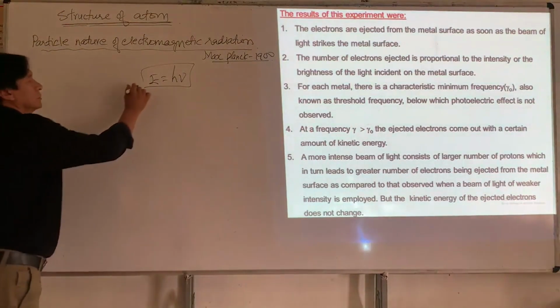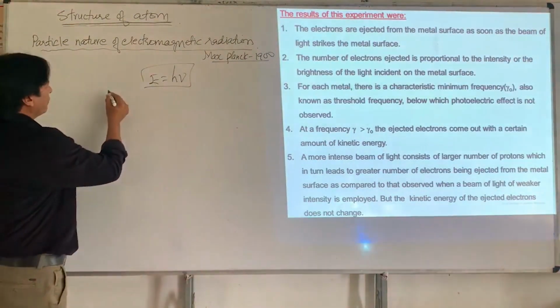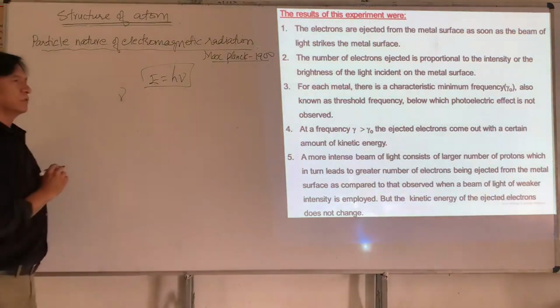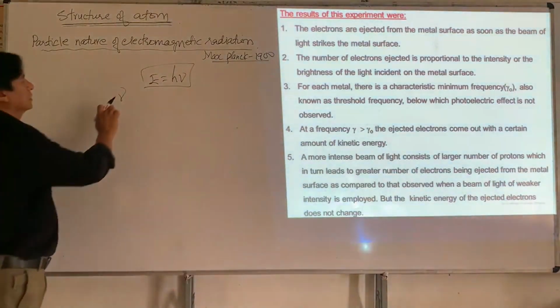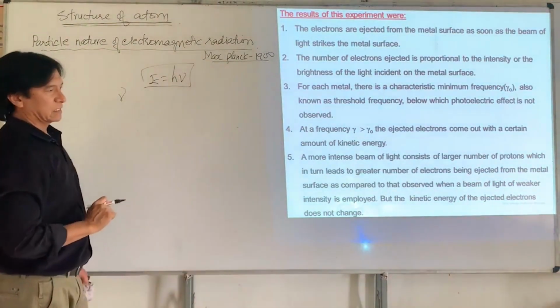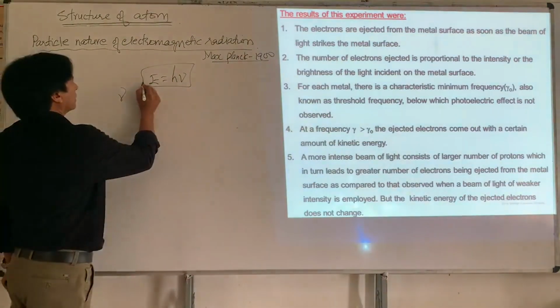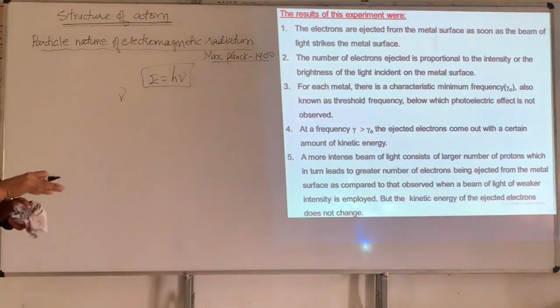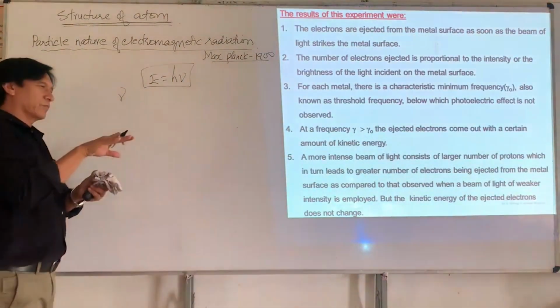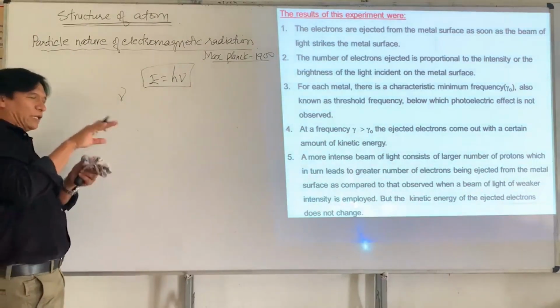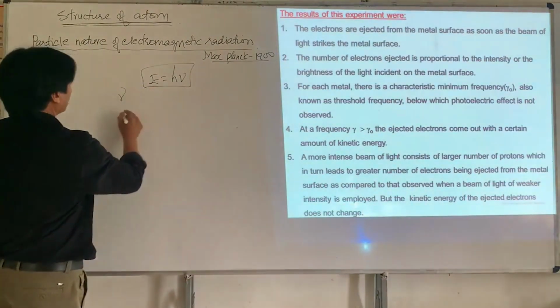So now, see, when you have light of frequency nu striking the metal surface, then the energy of that light striking the metal surface is given by h nu.